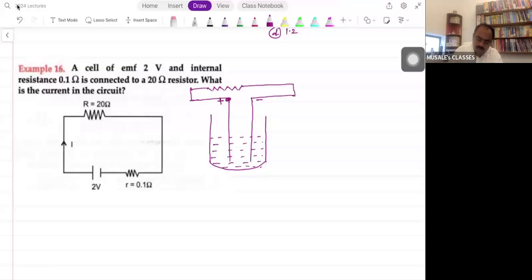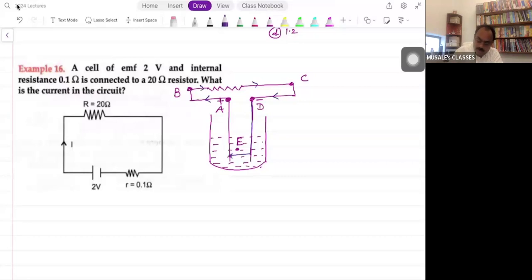Suppose I have this as point A, this as point B, this as point C, and let's say this is point D, and here is some point E inside the electrolyte. So when the current is flowing like this, the electrons will be flowing in the opposite direction.